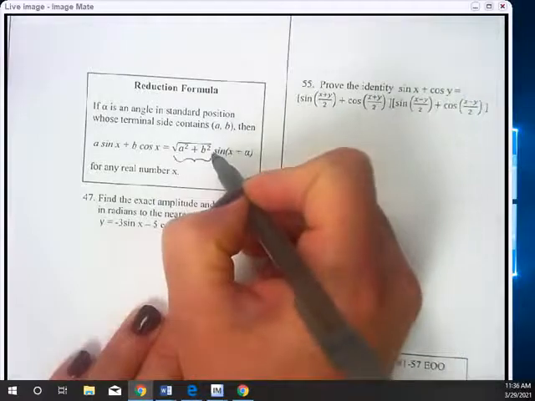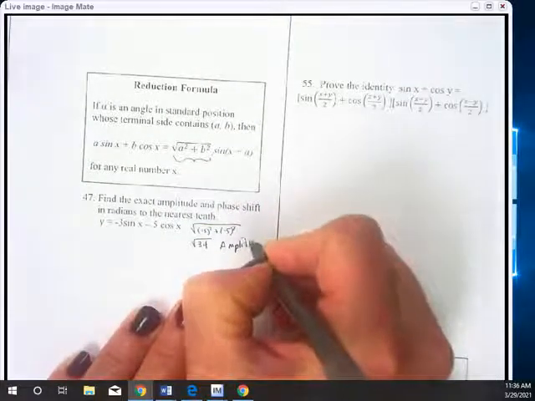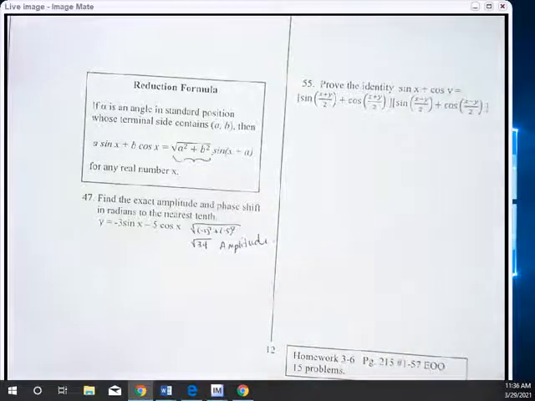This is the number that's in front of your sine, so the square root of 34 is the amplitude. Those are squared. Yes. A squared plus b squared. Are we good? Ready to move on?